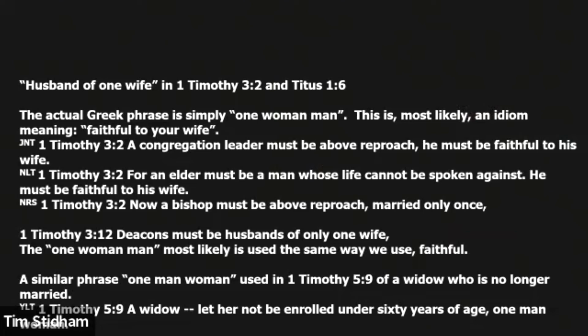You can see the New Jerusalem Bible translates it, a congregational leader must be above reproach. He must be faithful to his wife. That's the Jewish New Testament, I guess. And then the NLT says, for an elder must be a man whose life cannot be spoken against. He must be faithful to his wife.